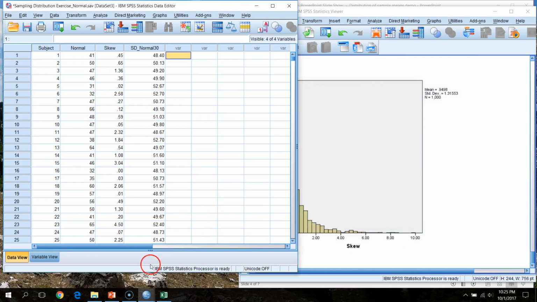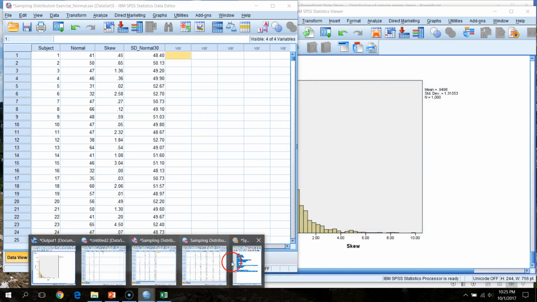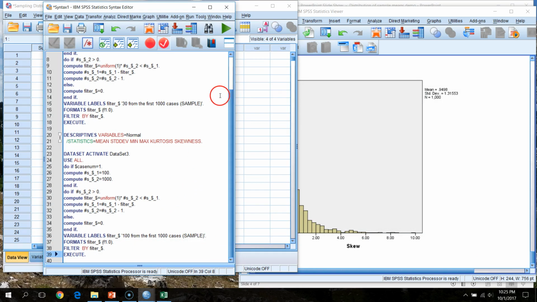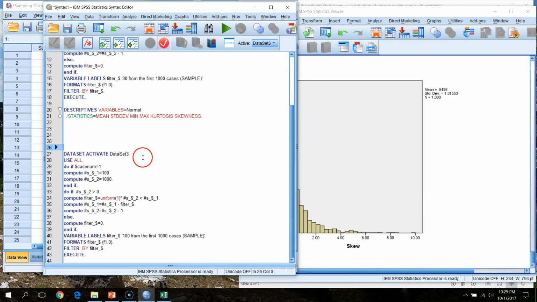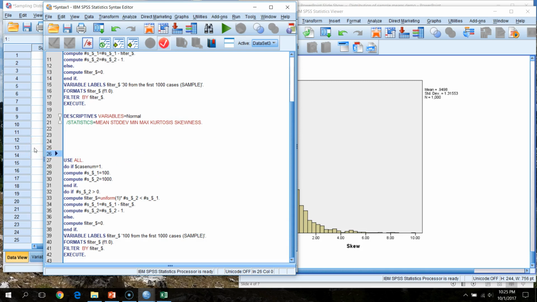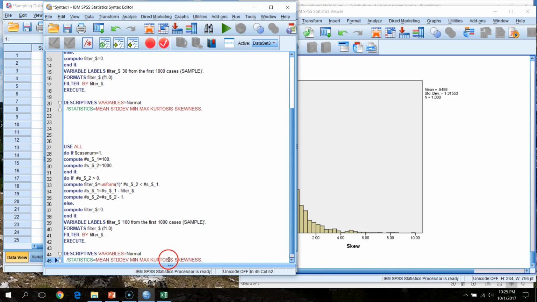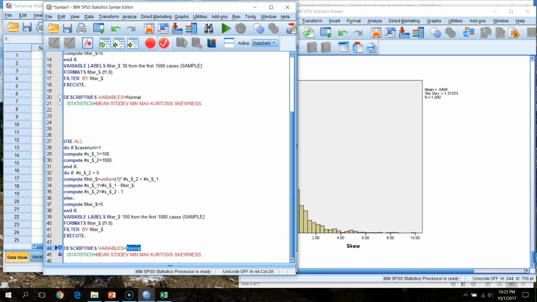I'm going to paste this into my syntax file. Okay. So what this new command is going to do is, instead of samples of 30, it's going to select samples of 100. And what we're going to have it do for us after each draw is give us the descriptives for our skew variable.